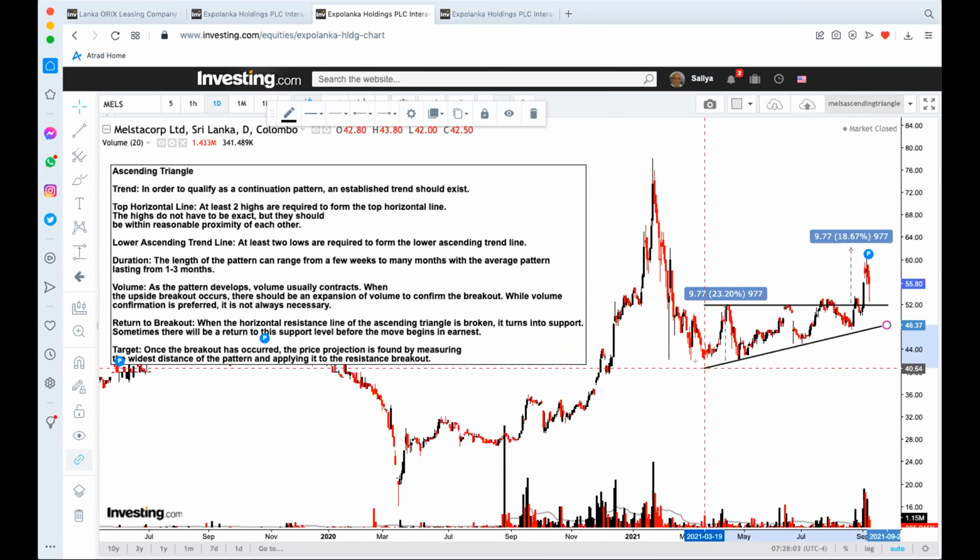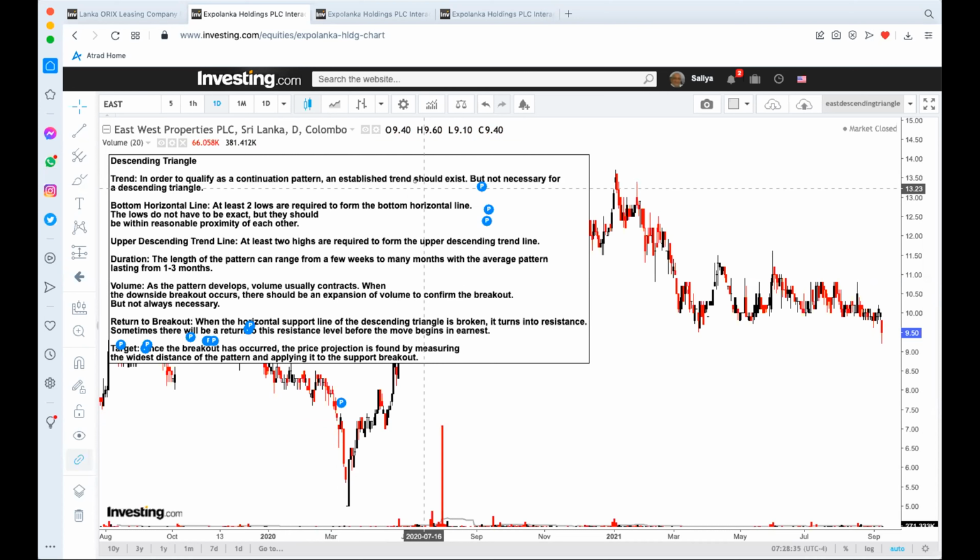In other words, this established trend that should exist, in the case of the ascending triangle, has to be an uptrending formation. But when it comes to consolidations, it doesn't matter, especially when you're looking at the ascending and the descending triangle formations.